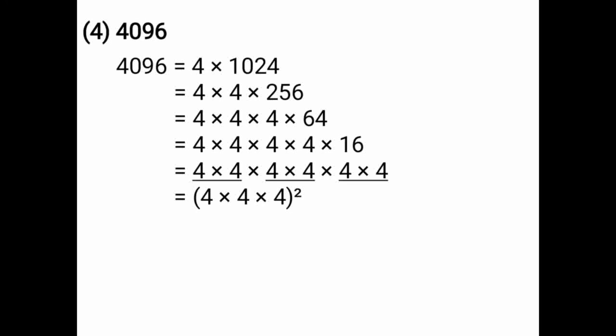I have directly done here. Now you have to multiply this in bracket. 4 fours are 16, 16 fours are 64, that is equal to 64 square. Therefore square root of 4096 is equal to 64.